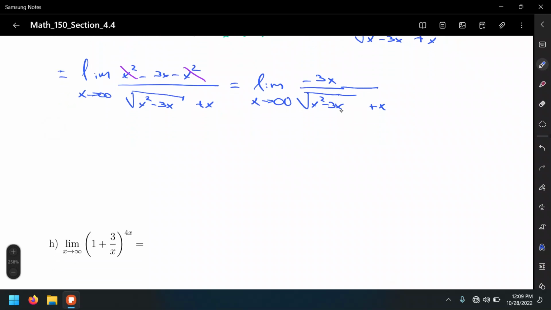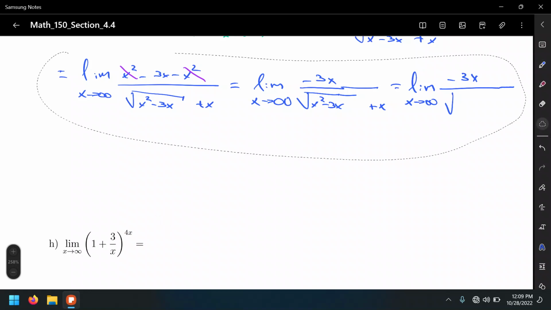So I'm going to factor x squared from the radical. I know, how am I going to factor x squared if I have x squared minus 3x? I can't factor x squared from the second term. Well, we can actually. But it's going to look like this.